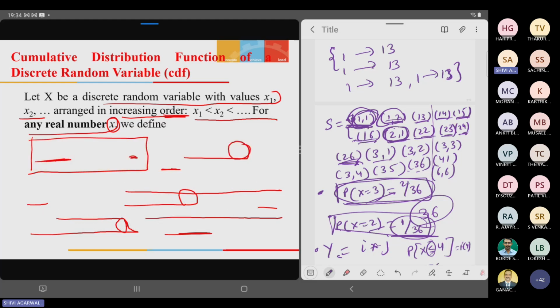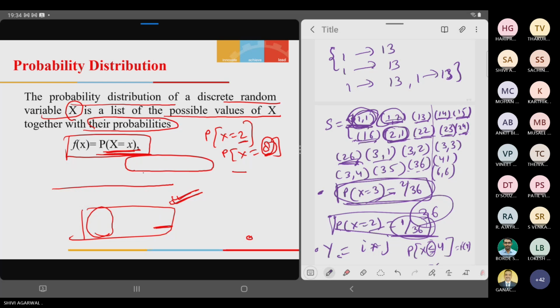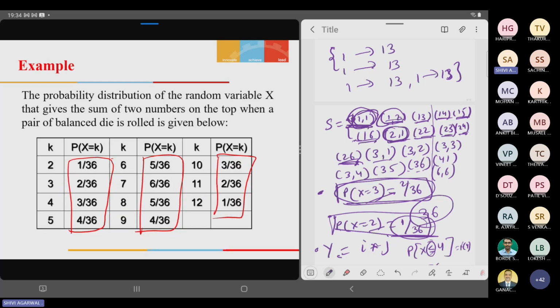So in the previous example, can you tell me the probability when x is less than or equal to 5? How can you do it? That is the probability when x is equal to 2 plus x is equal to 3 plus x is equal to 4 plus x is equal to 5.